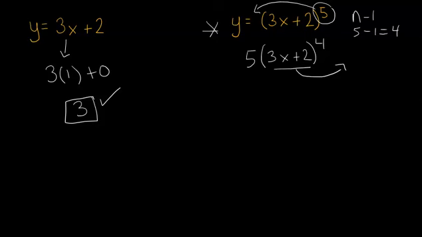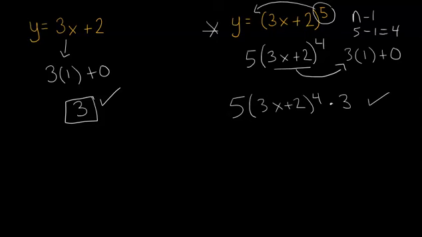We're changing the inside now. We're going to have 3, 1 plus 0, because 2 is a constant. If I were to clean that up, it would look like this. 5, 3x plus 2 to the 4th power times 3.